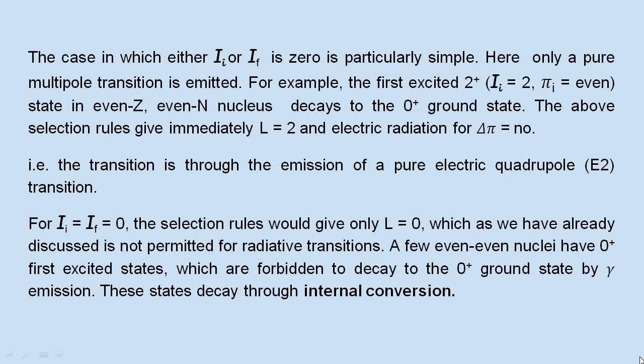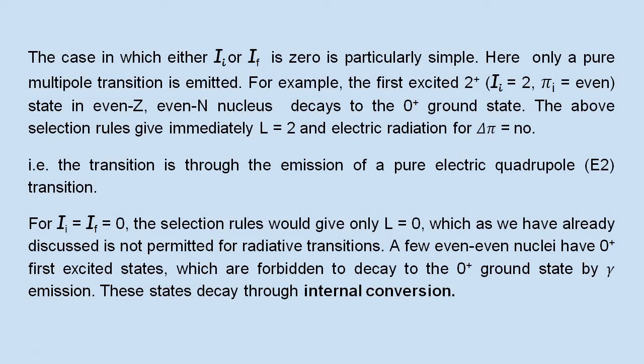So when that L is even, that means when minus 1 raised to L is 1, parity is even. When minus 1 raised to L is odd, parity is considered as odd, and you are writing it as minus 1. So 2 plus, that means parity state is plus. I equal to 2 state in even Z, even N nucleus decays to a 0 plus ground state. And this is known to us.